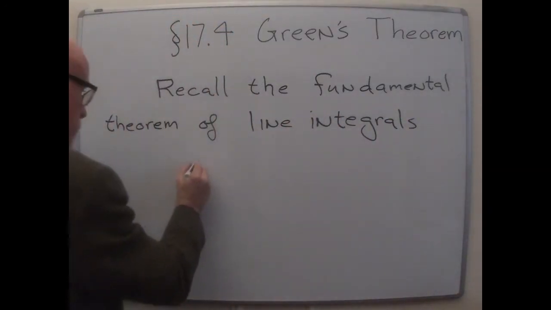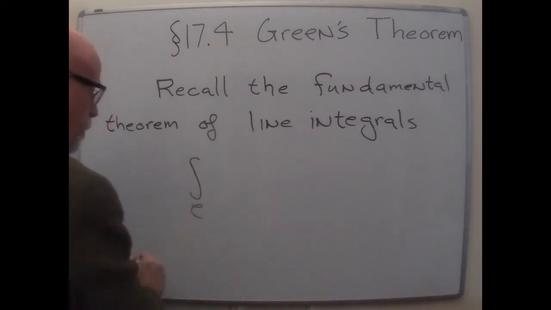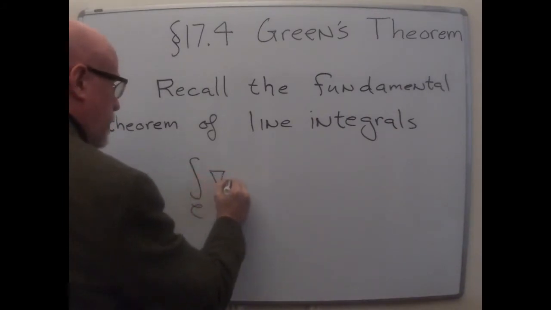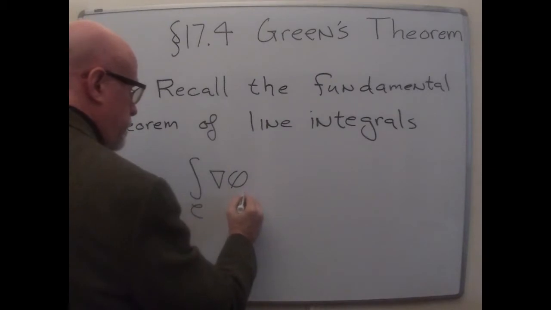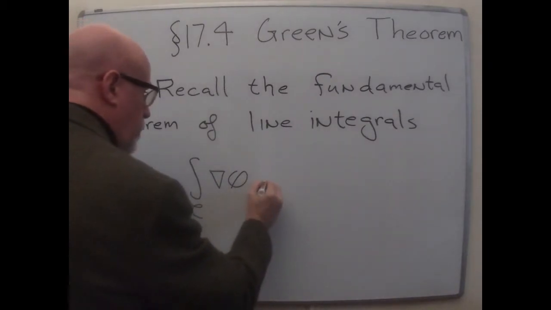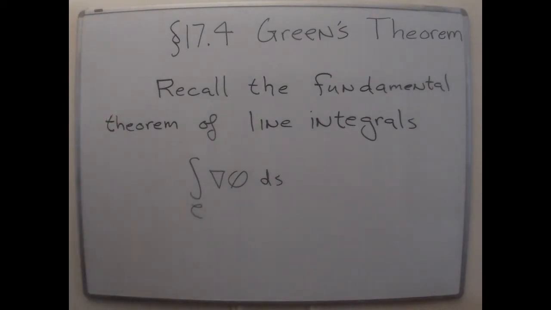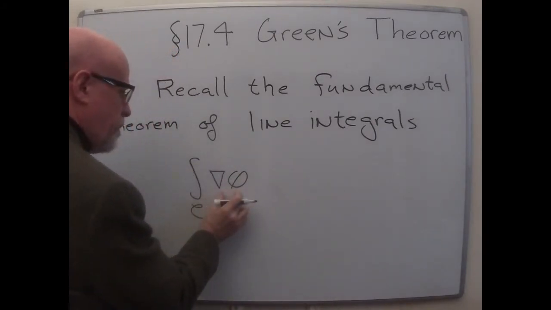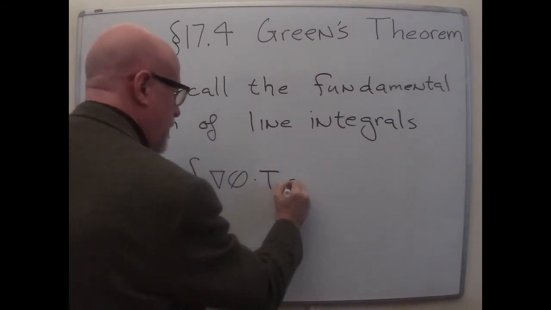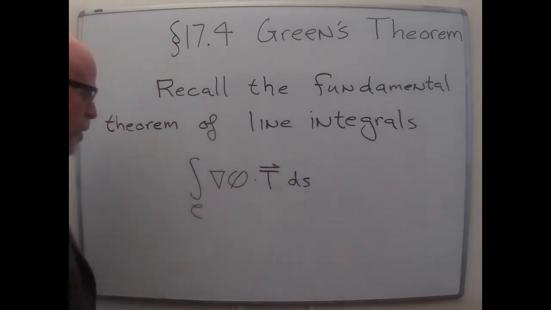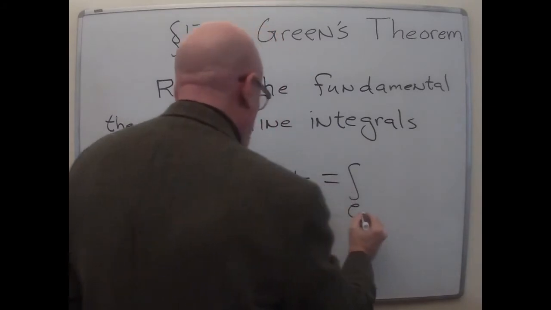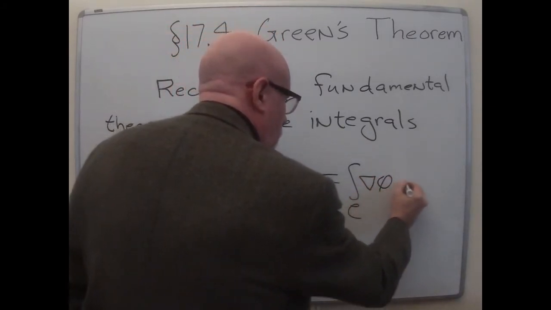It said that if we were doing the line integral over some curve of something that looked like the gradient of a scalar potential, with respect to arc length, and there's one more thing in there, the vector field dotted with T ds, or that's a tangent vector for this curve. Of course, a nicer way to write it is the integral over C of grad phi dot dr.